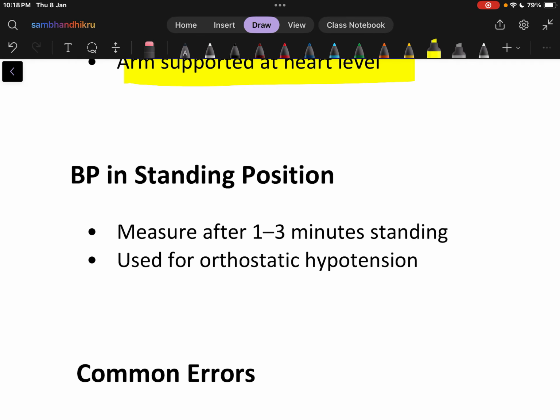BP in standing position, very importantly, if they are sitting or lying and want to stand from the sitting or supine position, you check the first BP here and the second BP here.